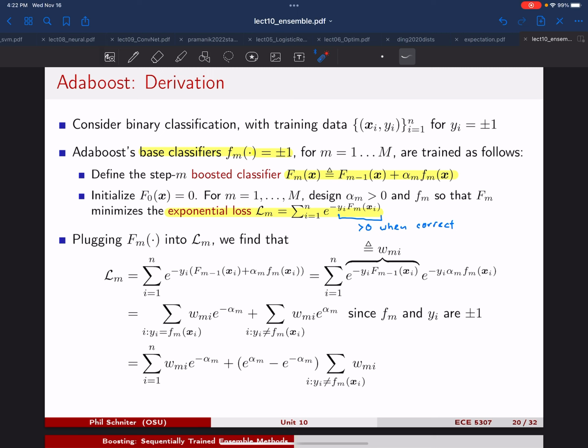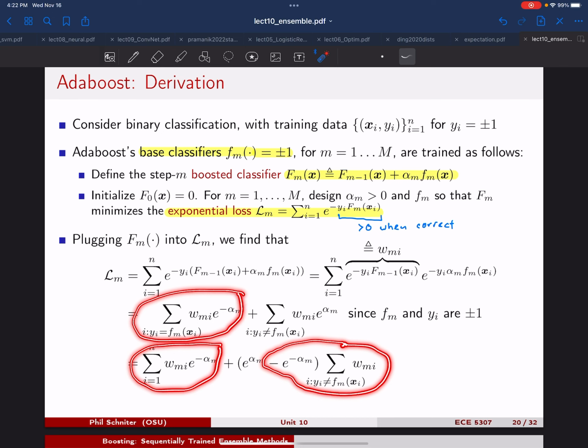And then one other little thing we're going to do is we are going to complete this sum. So this is the one where it's missing the incorrect parts. So we're going to add the incorrect parts back in, but we're going to compensate by subtracting the incorrect parts here. Okay, so this plus this equals this.